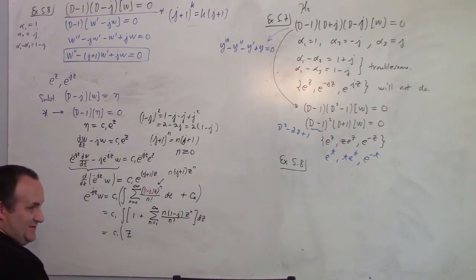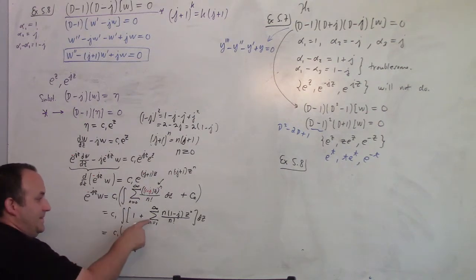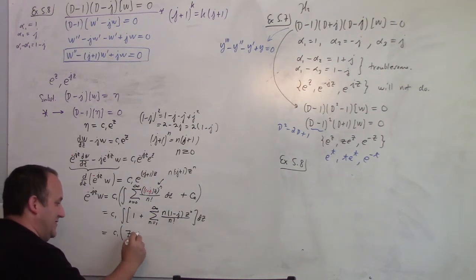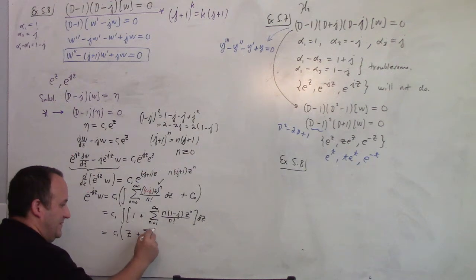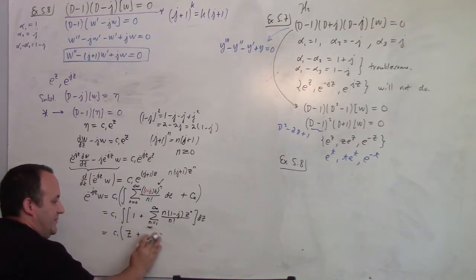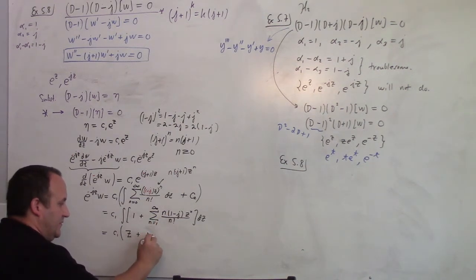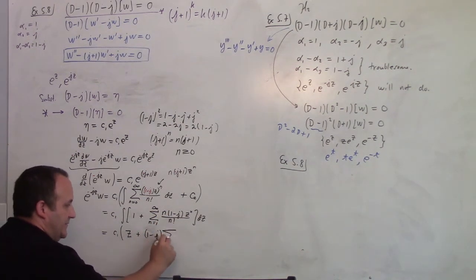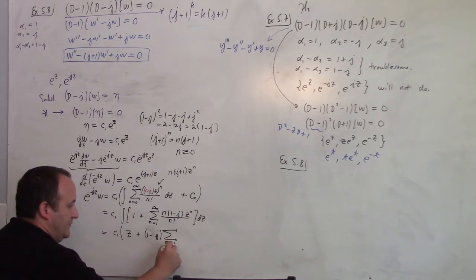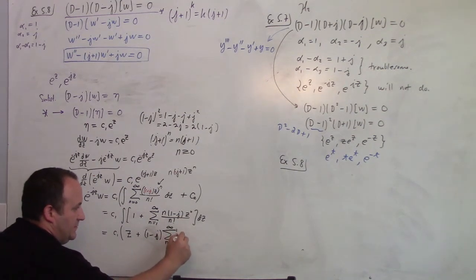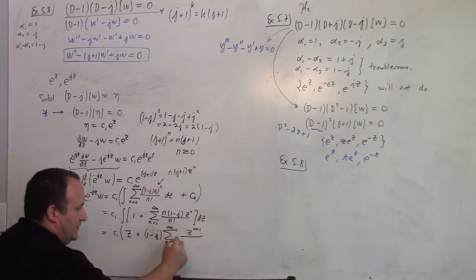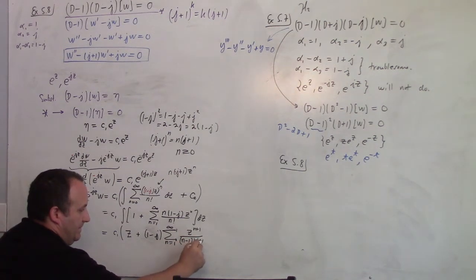The thing I think is most interesting here is that 1 gives me a z, and then this integrates to some mess. It's the sum n equals 1 to infinity of, let me pull out the 1 minus j, so 1 minus j times the sum n equals 1 to infinity of z to the n plus 1 over n minus 1 factorial times n plus 1.